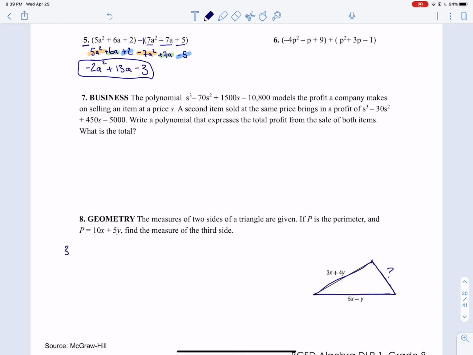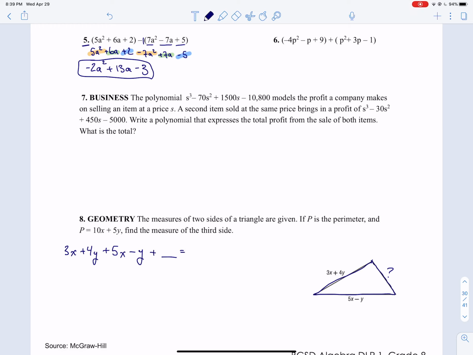So 3x plus y plus 4y, and then plus 5x minus y, and then we would add something here, and then that would equal the perimeter.